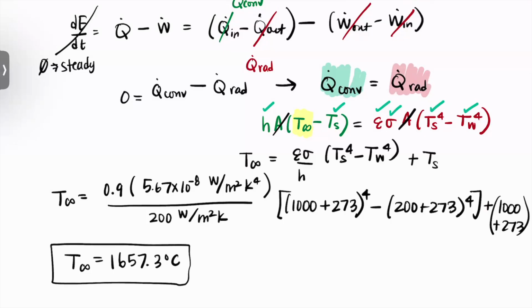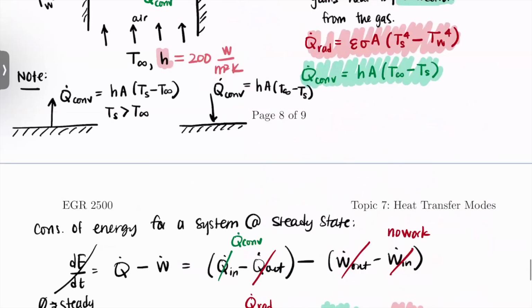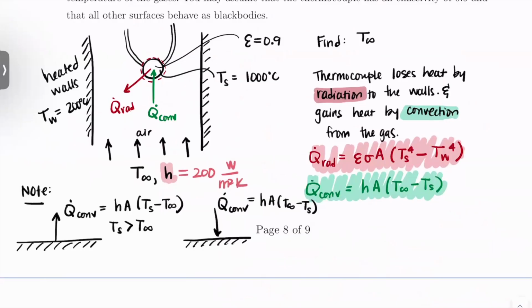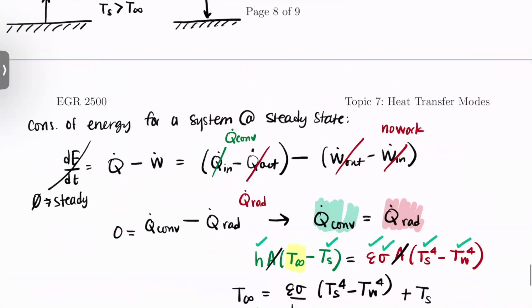Okay. All right. So one thing that I want to also mention is if you were to set up this problem and say that, well, I think Q dot convection also points out, that's fine. If you did that, then essentially you would have two outputs, and you would have used hA times the quantity of Ts minus T infinity, and you would have had both of them as outputs.